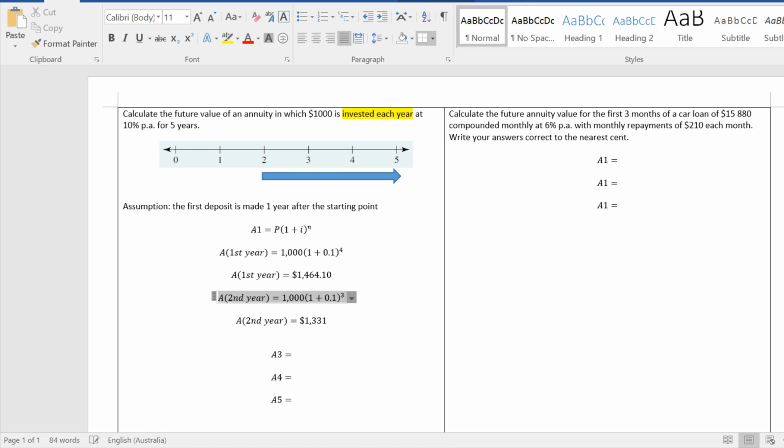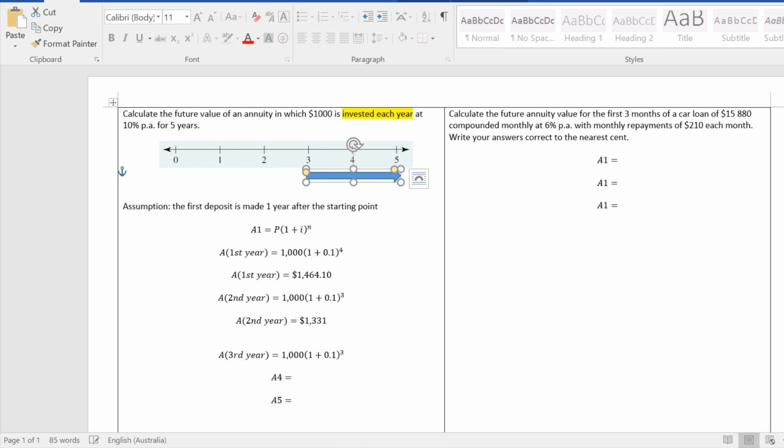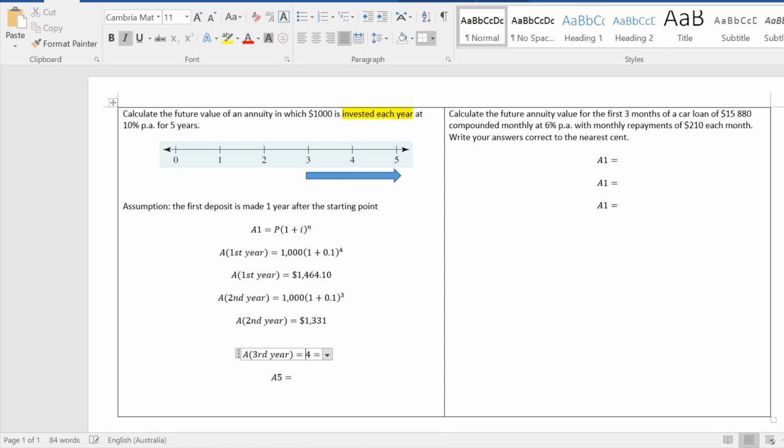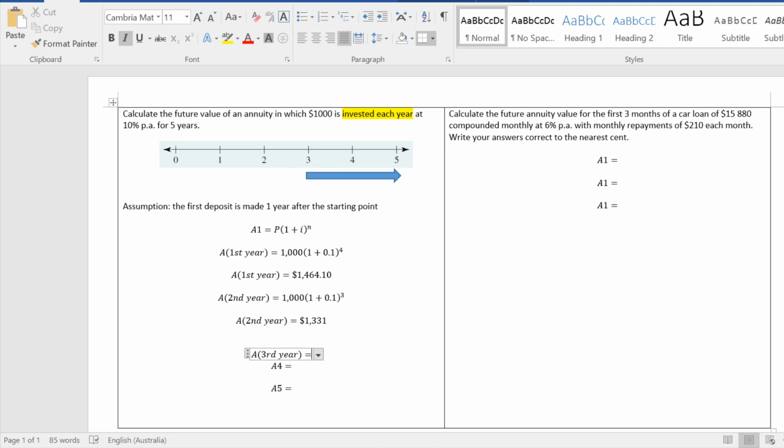Okay. So now we are going to go for the 3rd year. As you guessed it, if we deposit it at the end of the 3rd year, it's in there for just 2 years now. We change it to a 2. We get $1,210. Again, I'm just going to save a bit of space.